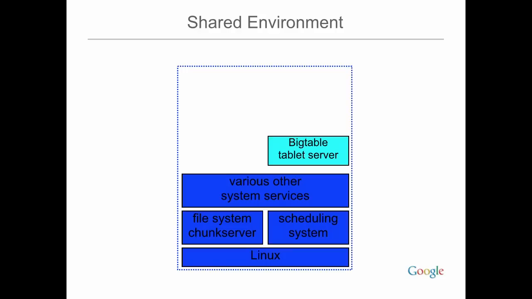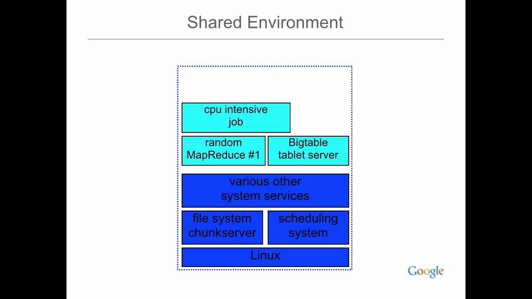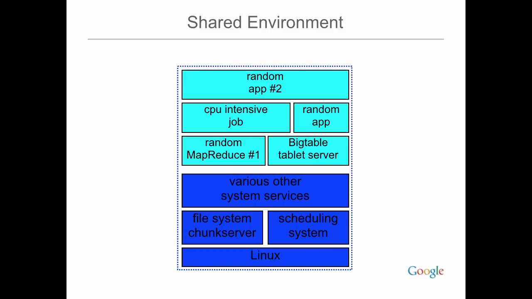And then we run a bunch of application-level services and other higher-level system services. So we often run Bigtable tablet servers for our distributed storage system. We might run some CPU-intensive job sitting there doing something in the background, some random MapReduce that some other team is running, and a bunch of other random things. So this is the application environment in which your software is running.